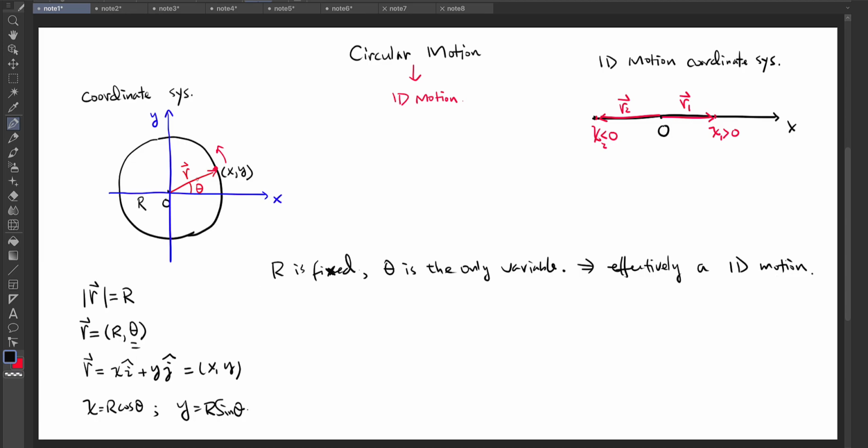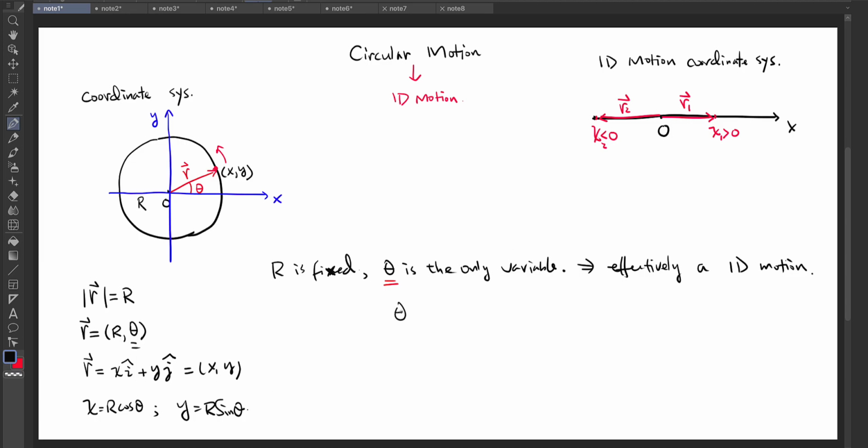All right, so now you may say, then what is the quantity or variable that we want to build the coordinate system for? Just like in the 1D motion, we have x-axis, x coordinate. Now here, we're going to use theta. As I told you already, theta is the only variable. So theta is the quantity that replaces x.